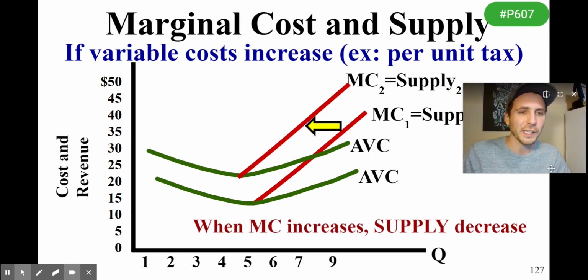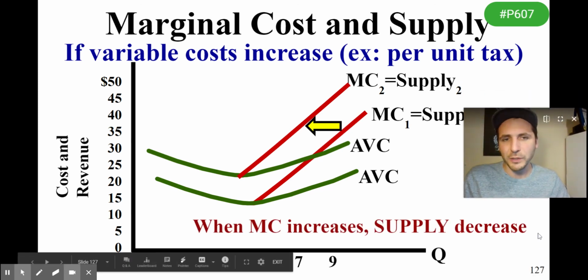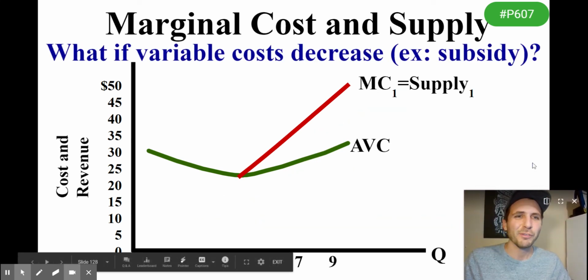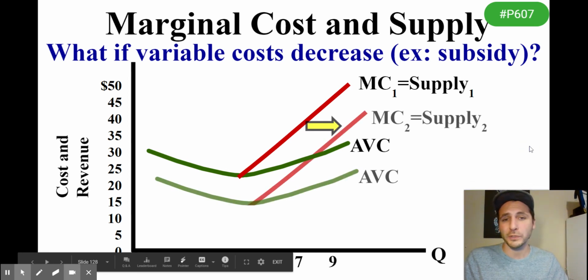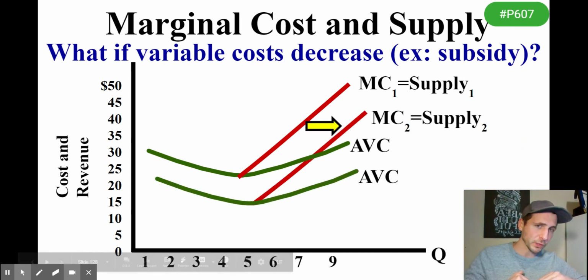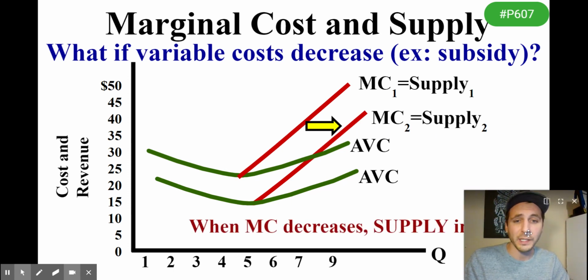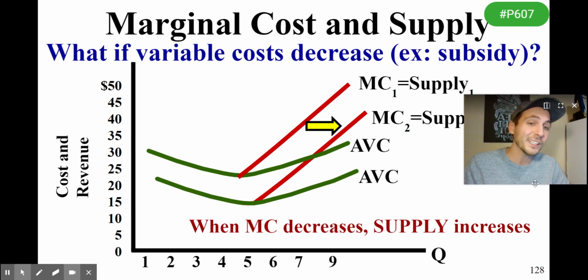So when marginal cost increases, supply decreases or shifts to the left, and vice versa. Variable cost goes down, for example, there's a subsidy. Well, average variable cost falls, marginal cost falls, but my supply curve, marginal cost, shifts to the right. So when marginal cost decreases, supply increases.